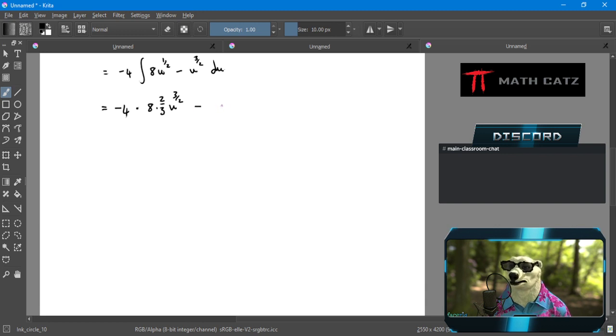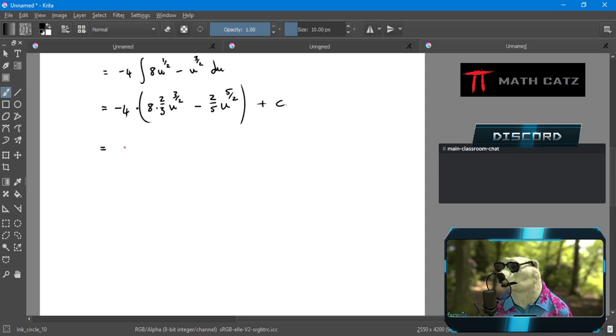Then minus antiderivative of u to the 3/2 is going to be u to the 5/2 with a 2/5 correction and my constant. Now this is a way people write it when they just go a little bit too fast and forget that the -4 is multiplied to this whole antiderivative. So I need to apply that to everything. Technically also the c, but then I just get a new constant which I rename, so I can always have the integration constant at the end as simple as possible, which we've mentioned before.